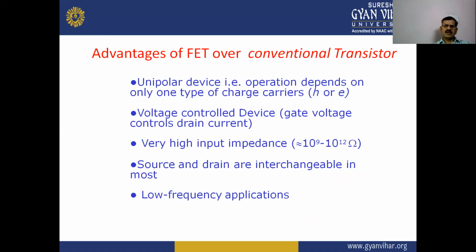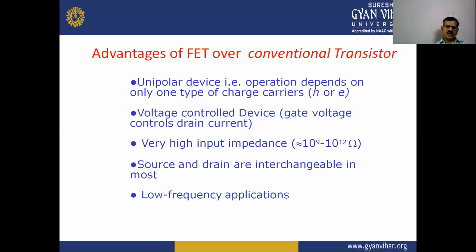What is the advantage over conventional transistor? FET is a unipolar device. It means the FET operation depends on only one type of charge carrier, that may be holes or electrons. FET is a voltage control device in which gate voltage controls drain current.